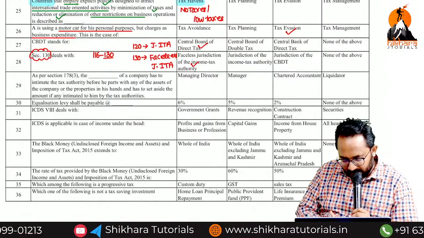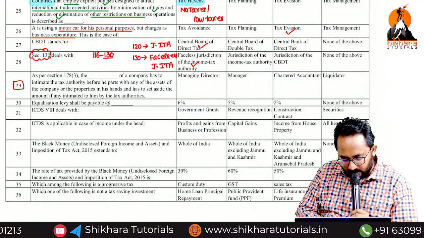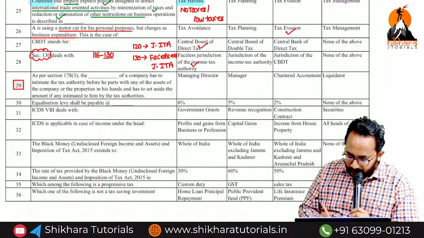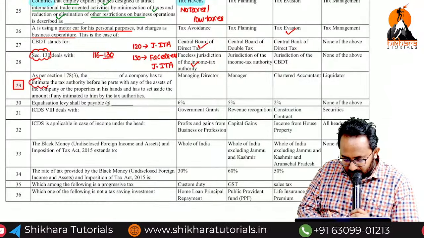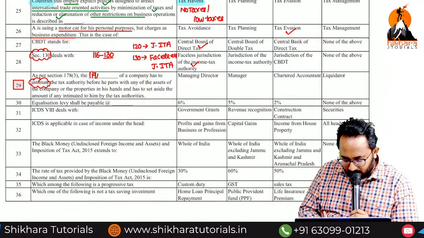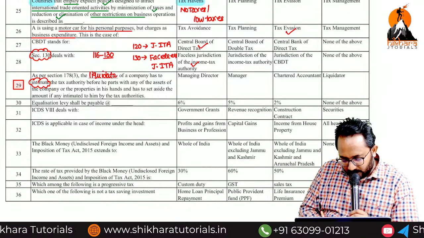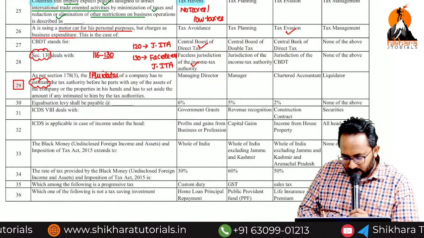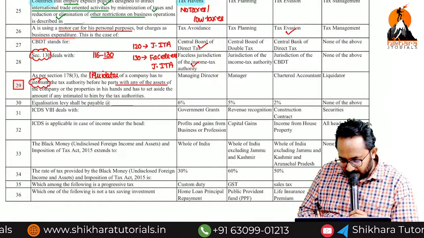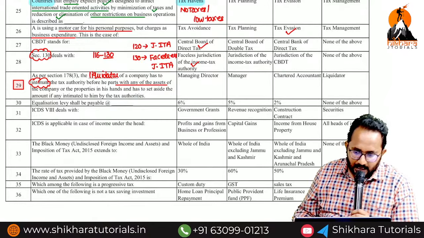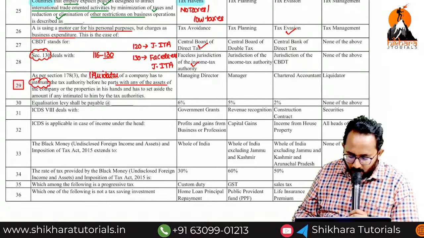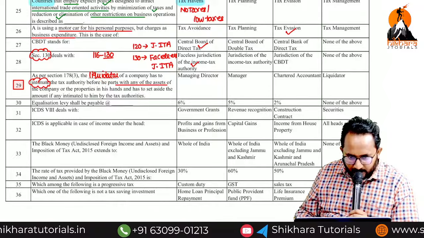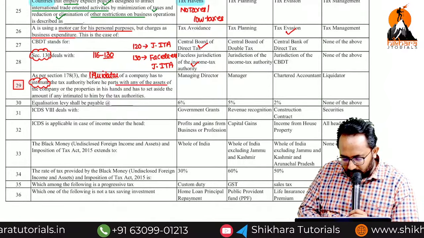Now it is also an important MCQ from liabilities in special cases. Section 178. Who is required to intimate the tax authorities? Liquidator. I will tell you. If the company is going for liquidation, we have to sell the assets. That means the liquidator is required to sell the assets, and has to settle the liabilities of the company. First, once any liquidator is appointed, the liquidator is required to intimate to whom?